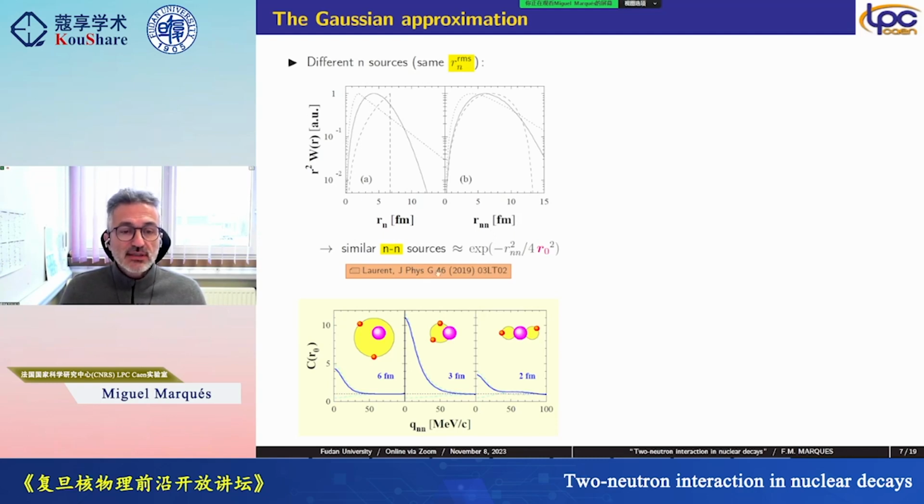And in this reference here, we show that, for example, if you take a one particle distribution, a spherical one is the dashed line. We are in logarithmic scale. So this is a spherical distribution. The solid line is a Gaussian, and the dotted line is a Yukawa type. So these three distributions are completely different, but if you fix their size to have the same root mean square radius, then these are the neutron-neutron distances.